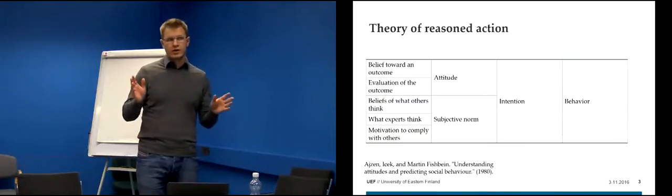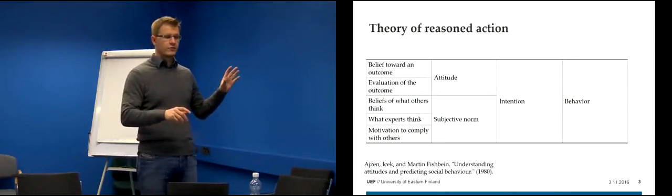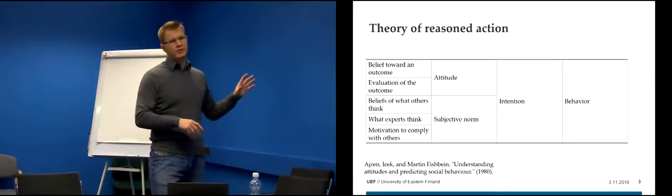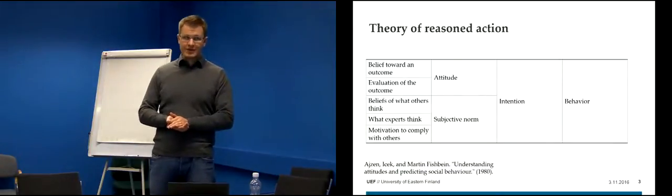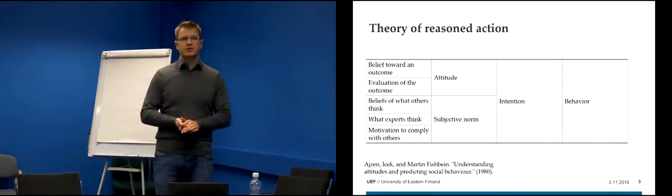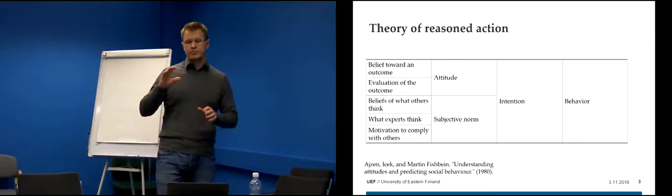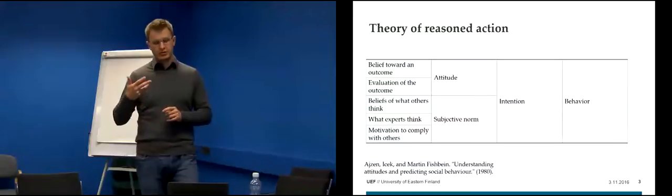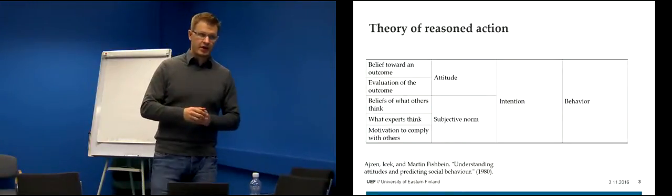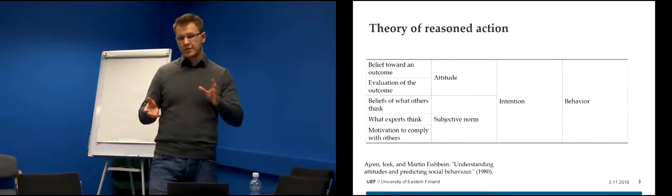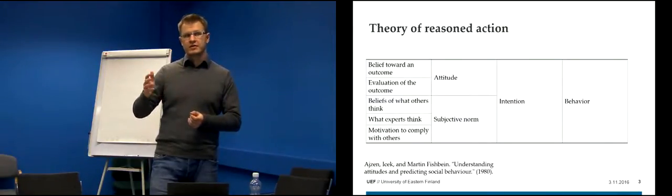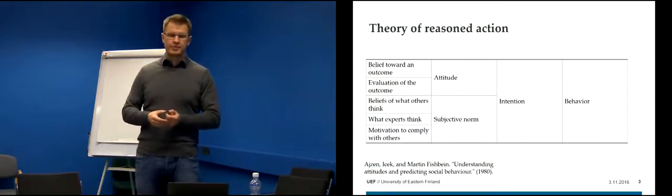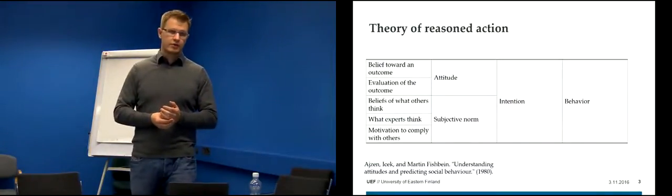So what you think other people think about that thing you are about to purchase, and then belief toward an outcome and evaluation of the outcome, that you put certain value to things that you think might happen when you buy the product, and then you compare that to what others think about you buying that product, and based on this you can explain why a person chooses a certain kind of product, for example.